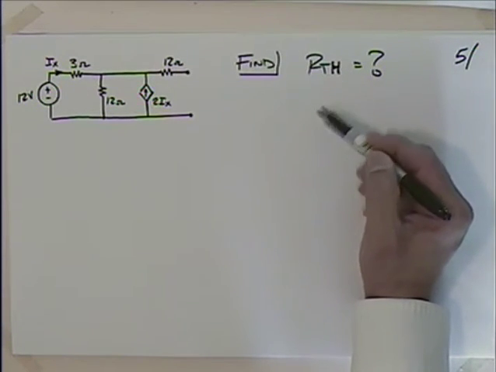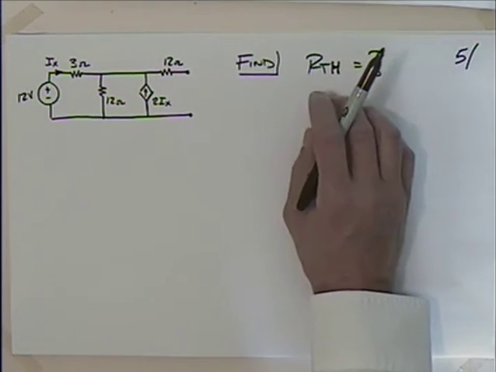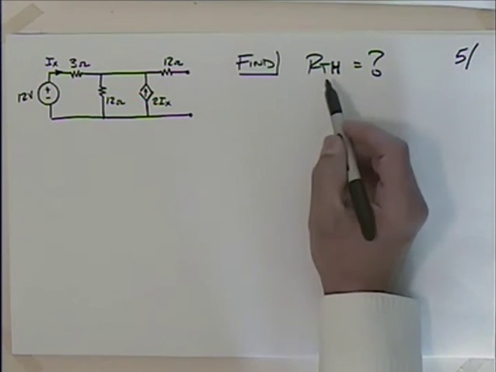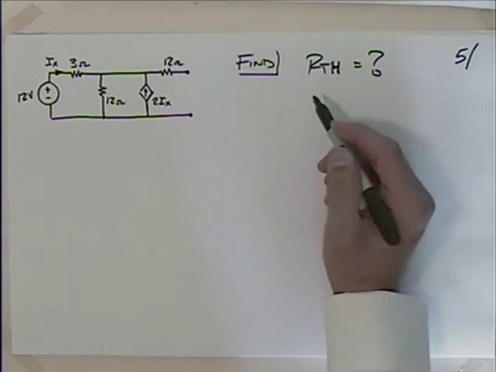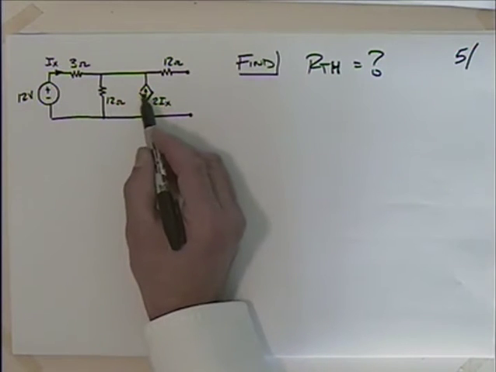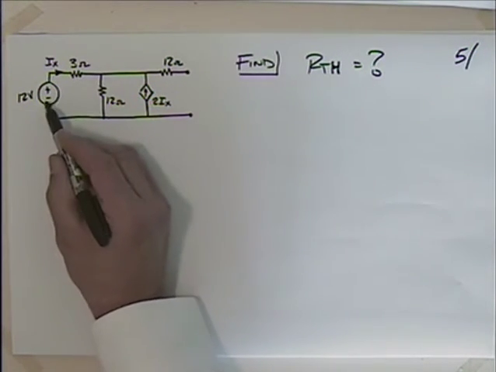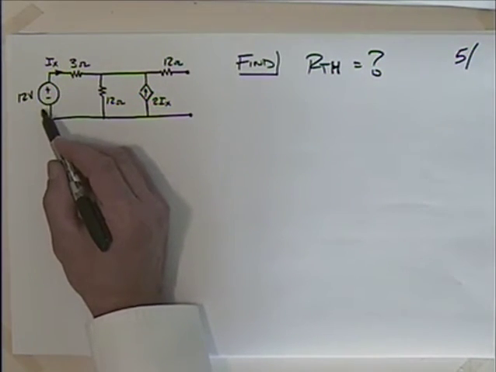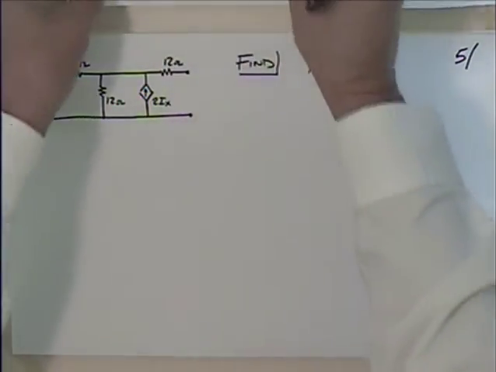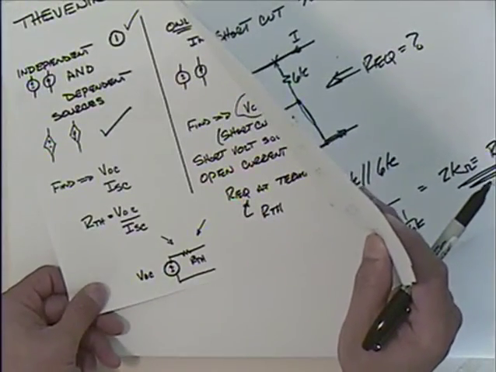We could come up with a Norton model, we could come up with the Thevenin model, but this is the real key here. And we notice that we have both diamonds, dependent sources, and circles, independent. So we're back here to independent and dependent.